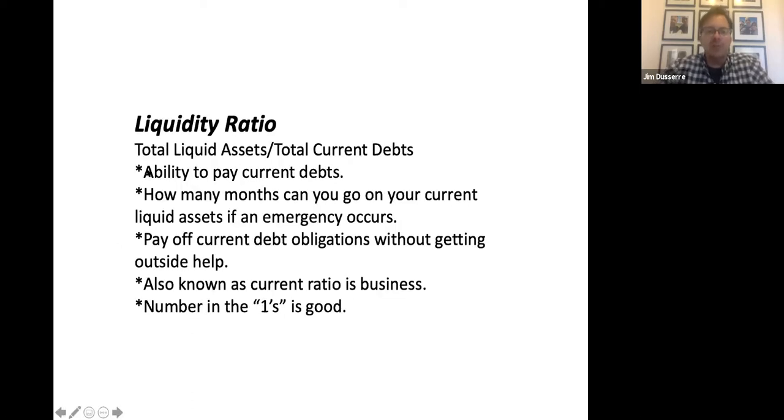Liquidity ratio. This is the ability to pay off current debts. How many months can you go on your current liquid assets if an emergency occurs? I'll walk you through this in that other video I'm going to put up. So let's say you've got a job, you lose the job, everything goes away, and you've got to figure out, okay, how long can I survive on my current assets?